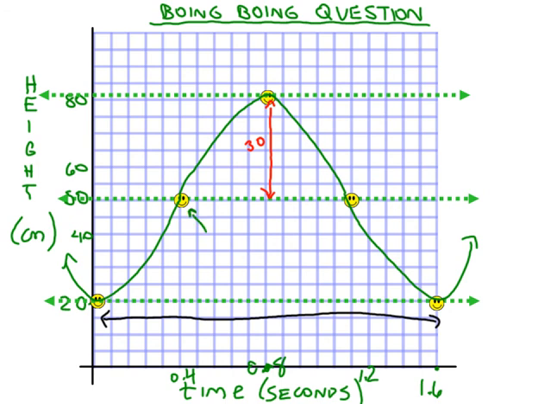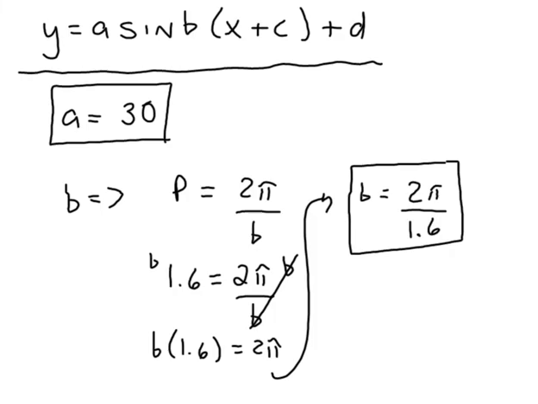So I'll call this a possible sine starting point. Now that starting point, which is usually at 0, 0, has been shifted to the right. It's been shifted to the right 0.4 seconds. So therefore, we would call the C value 0.4 units right.